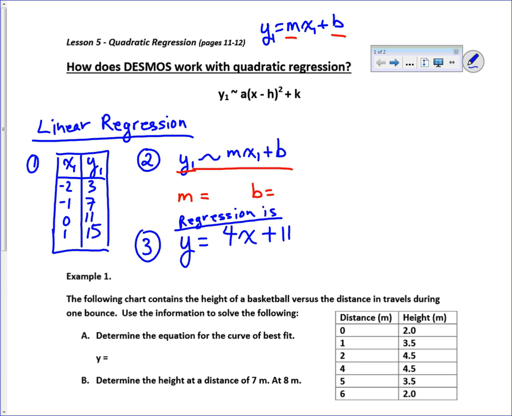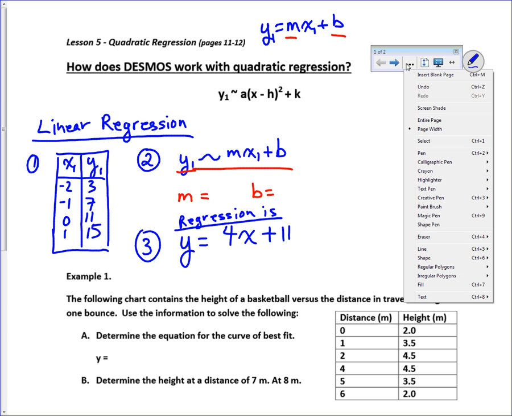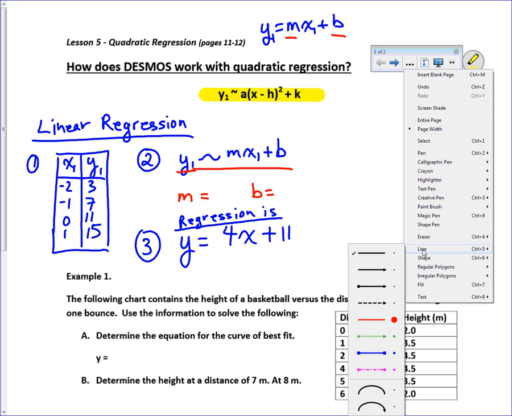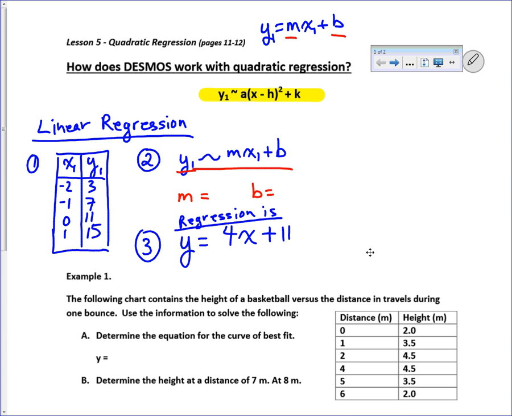Now we're going to apply the same kind of work to this basic equation. Now this basic equation is the quadratic.